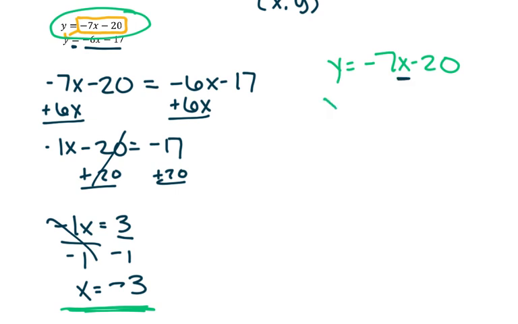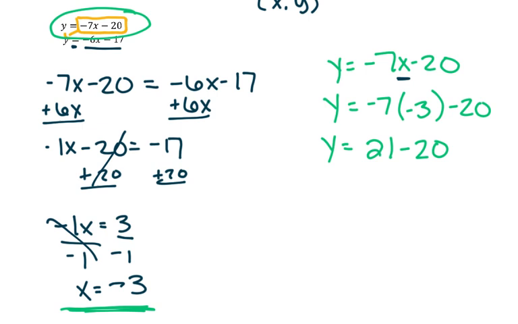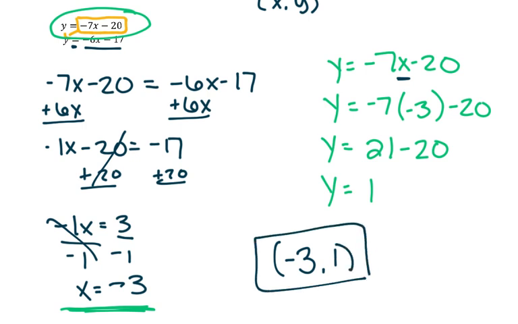So we have y equals negative 7 times negative 3 minus 20. y equals 21 minus 20. y equals 1. So what's your answer, though? The answer is negative 3, 1. This has one solution because we have an actual intersection point. It is the only place on the graph where those two lines would cross.